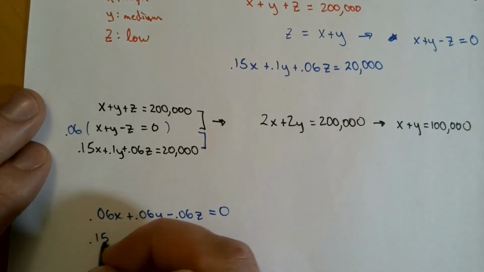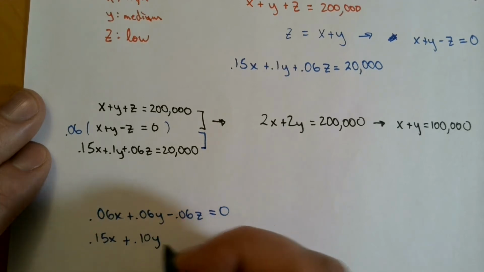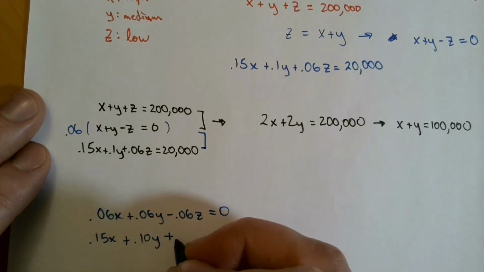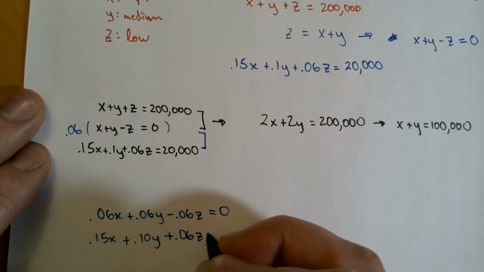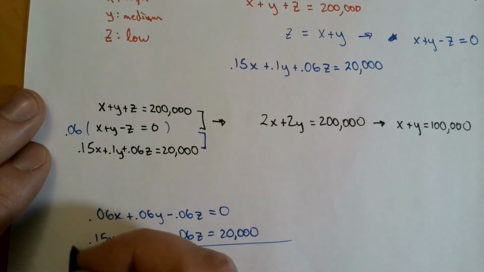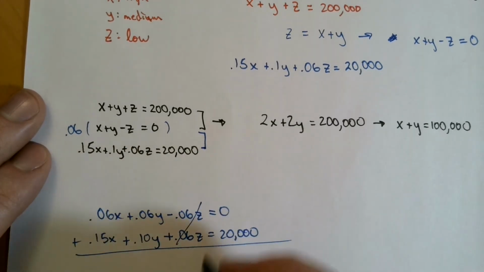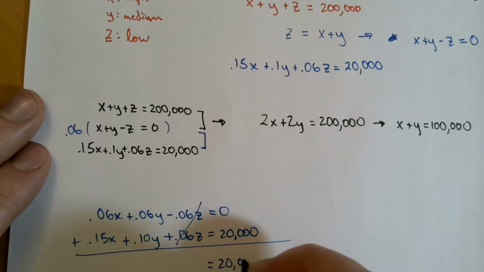And then we've got 0.15x plus 0.10y plus 0.06z equals 20,000. We'll add these two equations now, and then we'll have another two-variable equation with just x and y.